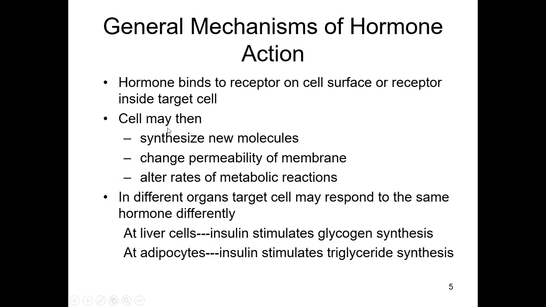We'll be seeing many examples of how hormones instruct the cells to create new molecules, how to change permeability of membrane. This just means that it allows the movement of ions, sometimes water, through the cell membrane, and how to change chemical reactions, increase the speed of chemical reactions in most cases.